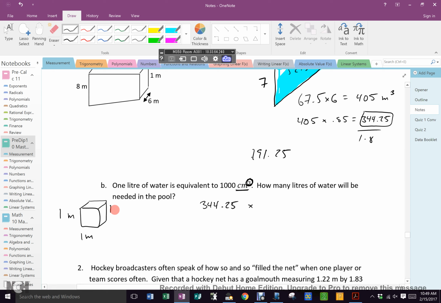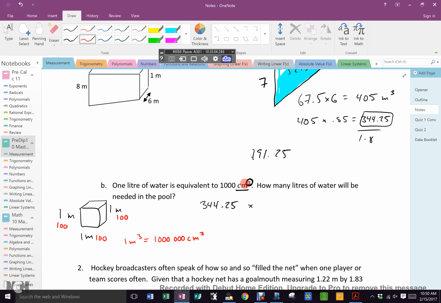So what are all of these? Instead of being 1 meter, what are they in centimeters? 100, correct? So 1 meter cubed is how many centimeters cubed? 100 times 100 times 100. Yes? So what's 100 times 100 times 100? 1,000,000 centimeters cubed.